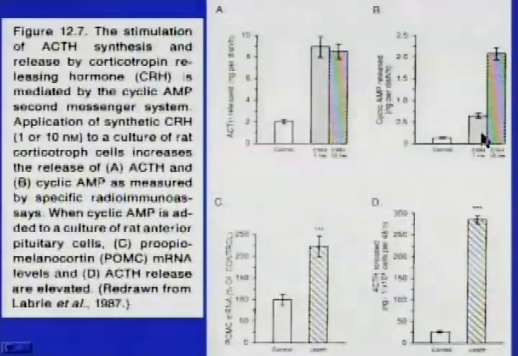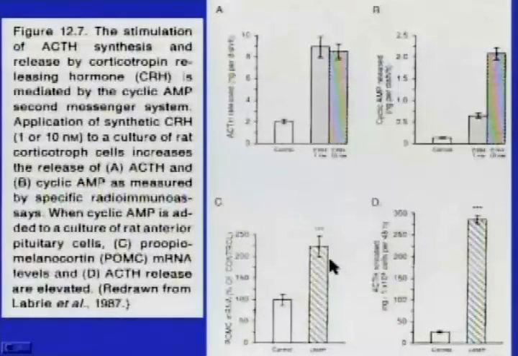These are two independent measurements that don't have any impact on each other. So we cannot conclude from this study that CRH-mediated ACTH release is dependent upon increases in intracellular cyclic AMP. They occur together, but we have not shown that there is a causal association between them.